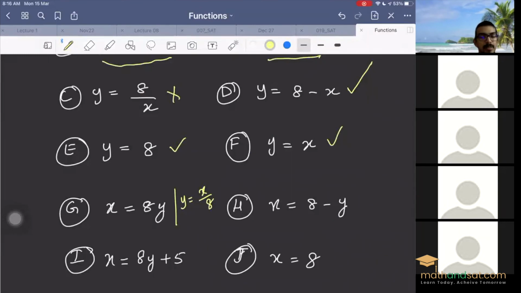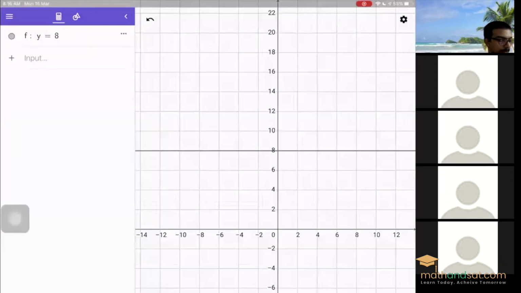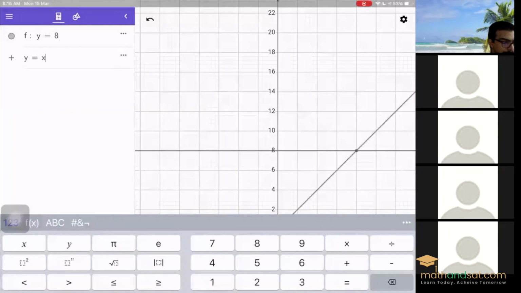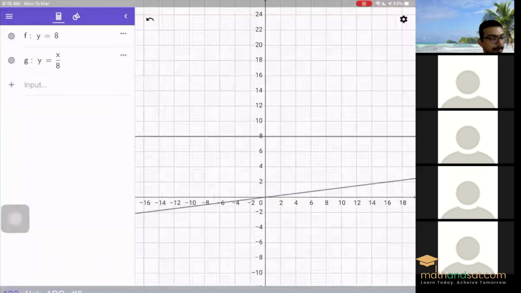Yes, it is a linear function, right? X is multiplied with the number 1 by 8. Y is equal to x over 8 will represent a straight line.